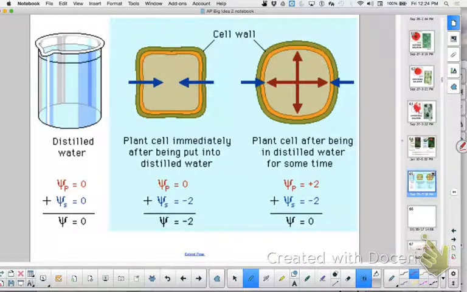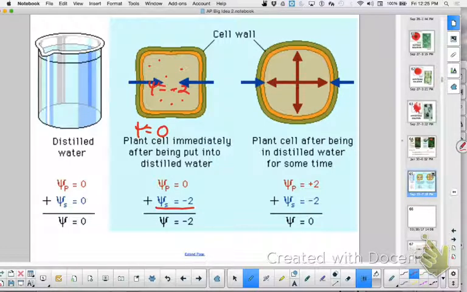But when you put this plant in here, if this plant has any molecules in here, if it's not distilled water inside, which it's not because it has all of the sugars and everything inside of that, then the solute potential is a negative number. Okay? Out here, your water potential is equal to 0. Inside here, your water potential, there's no pressure on this situation yet, is -2.